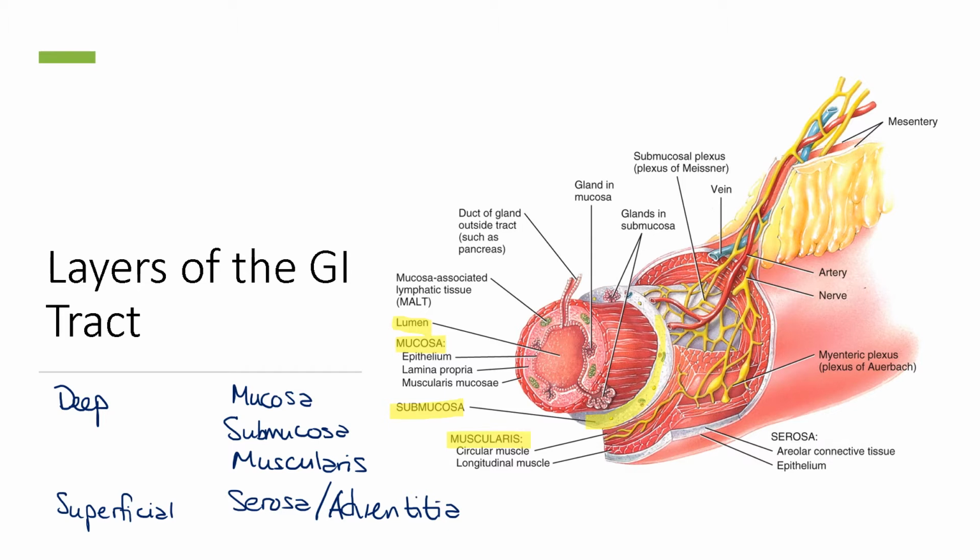Now, throughout the rest of the GI tract, though, this muscularis layer consists of smooth muscle, so that it's a non-voluntary muscle. You can't really control how quickly the food flows through your small intestine or your large intestine, for example. Because it's that smooth muscle, it's involuntary in that muscularis layer.